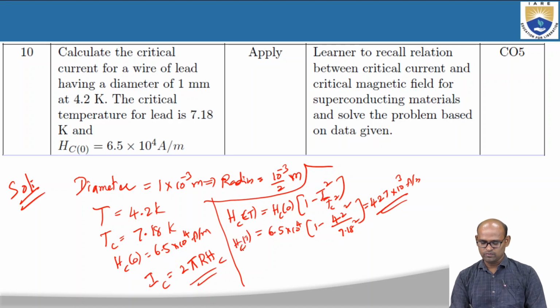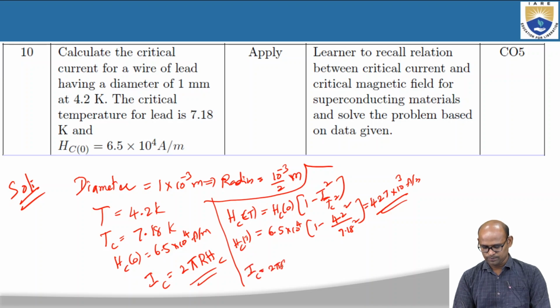Once we have Hc of T, we substitute it in the equation Ic is 2 pi R into Hc. So 2 into 3.14 into 10 power minus 3 by 2 into 42.7 into 10 cube. The current Ic is 134.2 amperes.